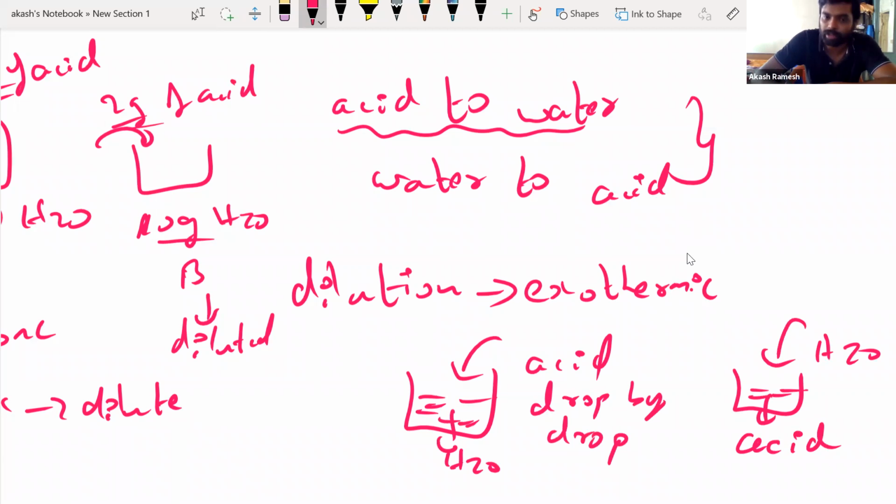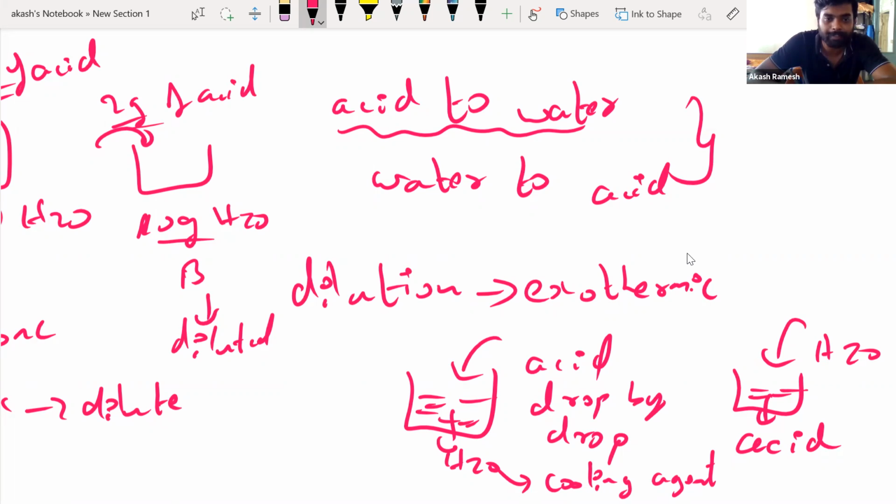Now, both of them are exothermic. Both of them are going to produce a lot of heat, but you see, water can act as a cooling agent. We generally know water cools stuff. So water is going to act as a cooling agent, thereby suppressing the amount of heat produced.